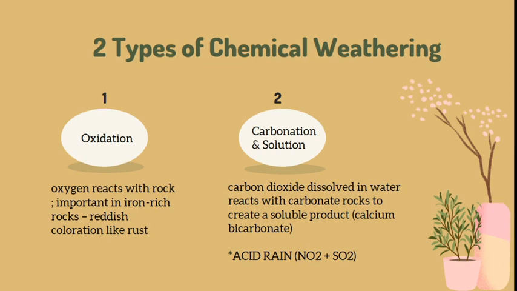Now, when rocks, particularly those with iron in them, are exposed to air and water, the iron undergoes oxidation, which eventually can weaken the rocks and make them crumble. As a result, the rocks become reddish in coloration just like rust. Okay, there is now a change of the color and at the same time the chemical aspect.